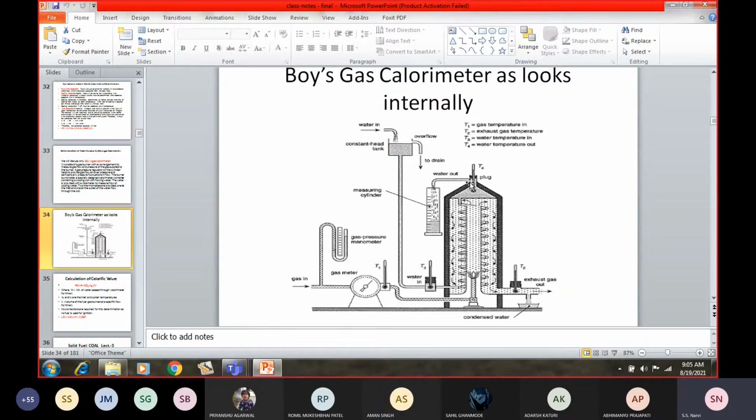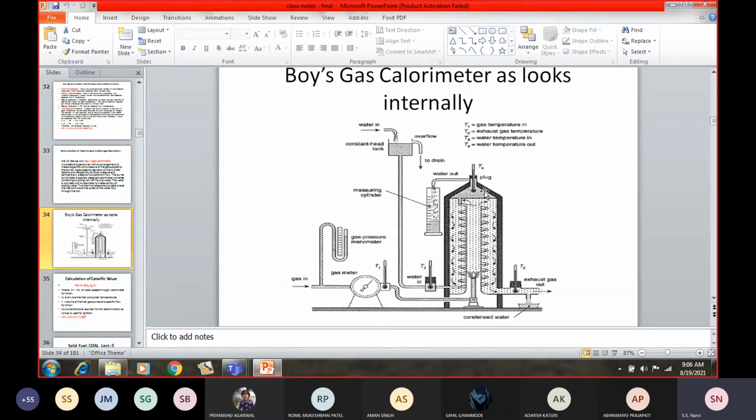This is a calorimeter made up of copper, like a chimney, provided on the inside wall with packing material by which we can prevent the heat loss to the surrounding, isn't it? So this is the copper calorimeter.